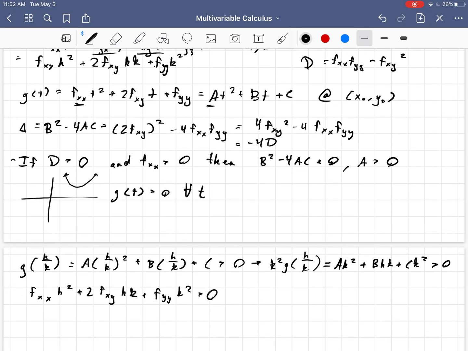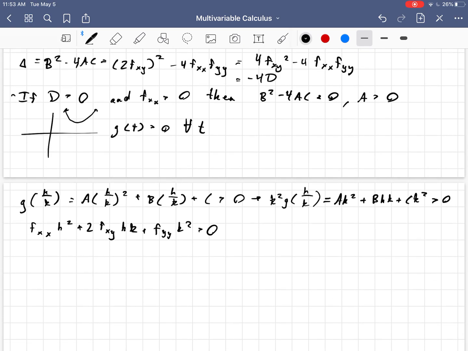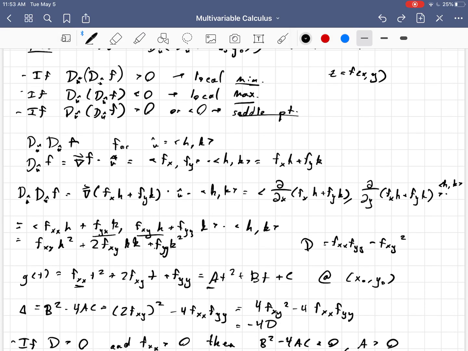And so this actually proves case 1 now, because what this means is that the directional derivative is always going to be positive in every direction. So it's always going to be greater than 0. So this means that we always are going to have positive concavity, right, for any h and k. And so therefore this implies that this first case is done.